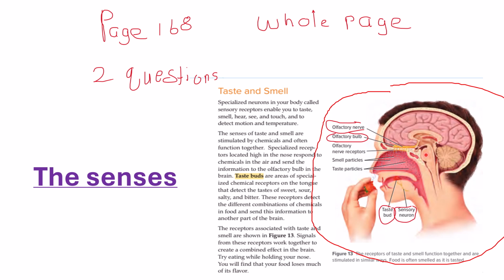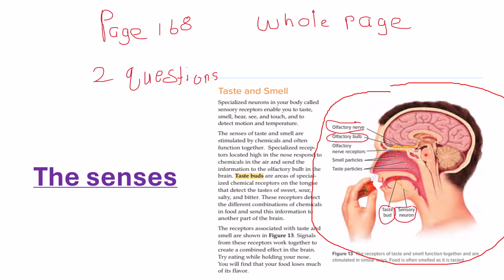To send signals to the brain. This is the same principle: receptors receive it and send signals to the brain. So the olfactory bulb contains the olfactory nerve, which transmits the signal to the brain to figure out what smell it is.